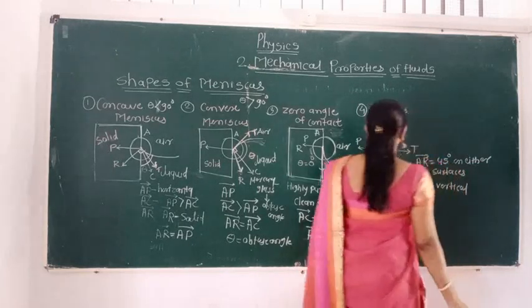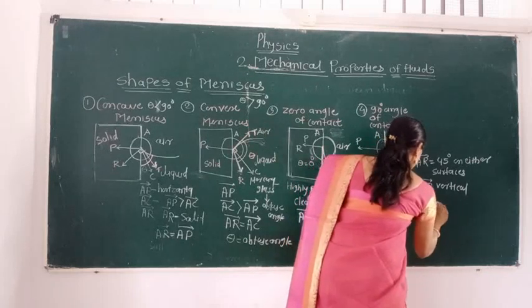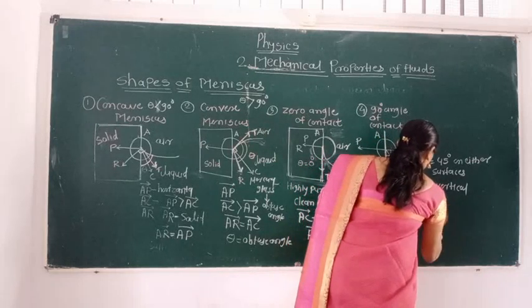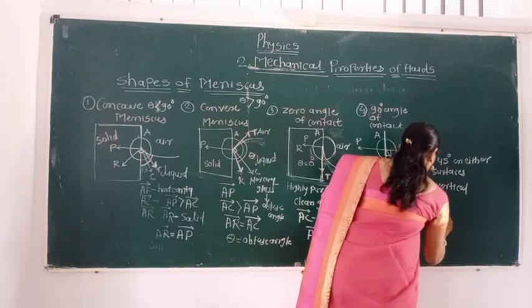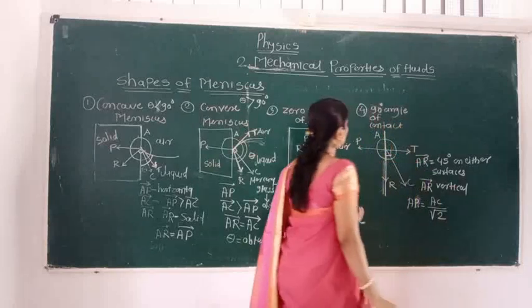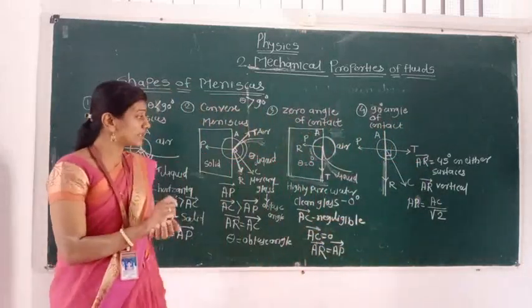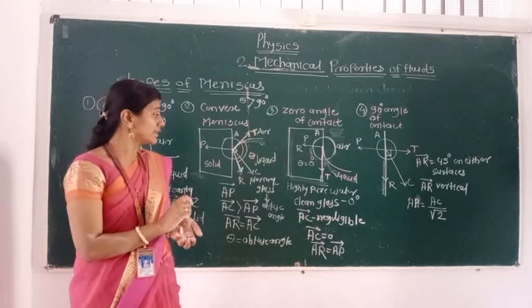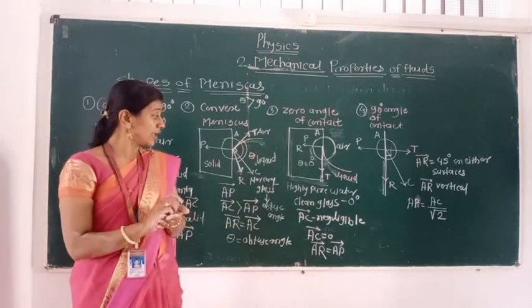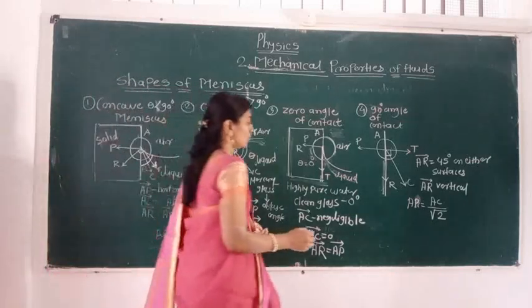And here we are getting the value of AR. AR is equal to AC divided by root 2. Whenever the angle of contact between liquid and solid is 90 degree, at that time we are getting the value of AP equal to AC divided by root 2.